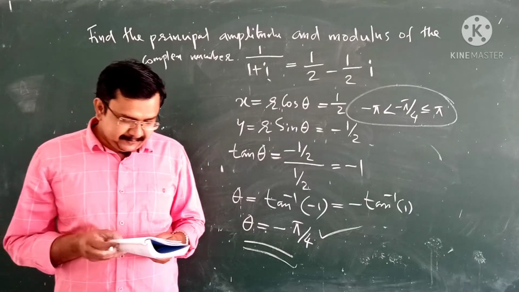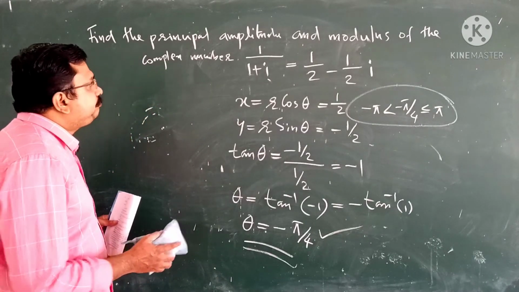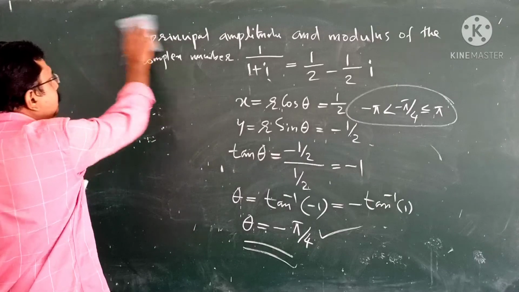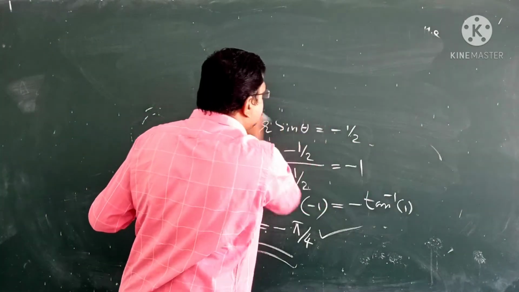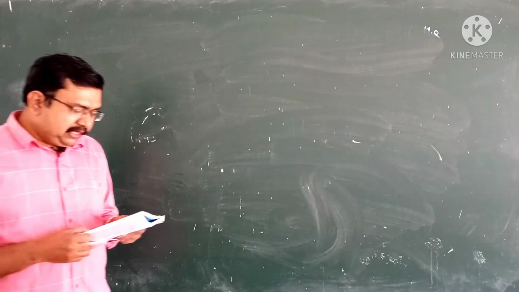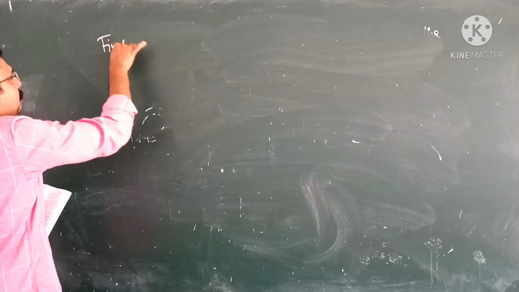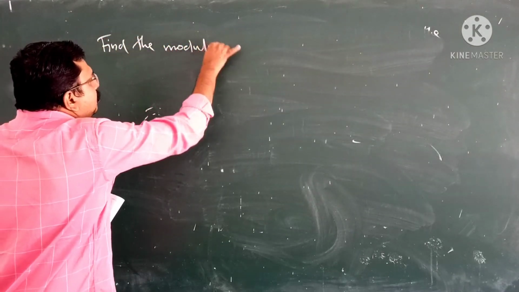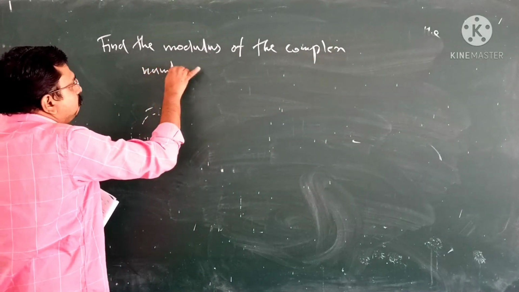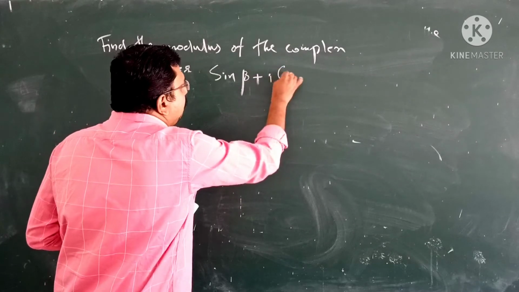Now we can move to our next question. Find the modulus of the complex number sin beta plus i cos beta.